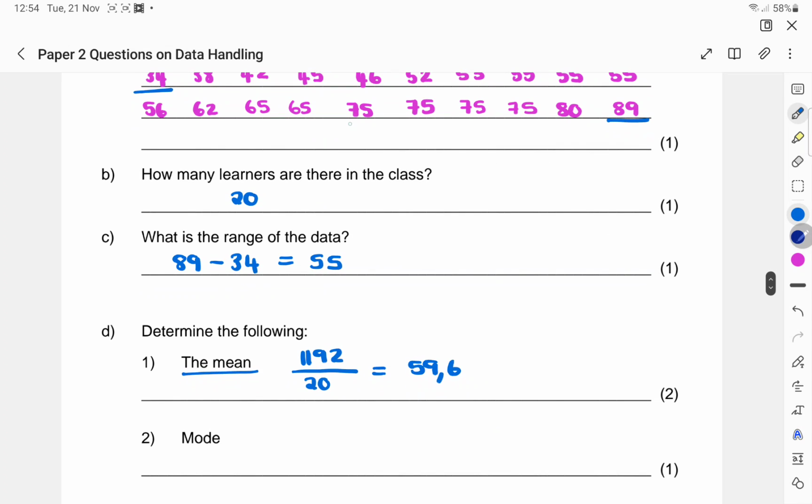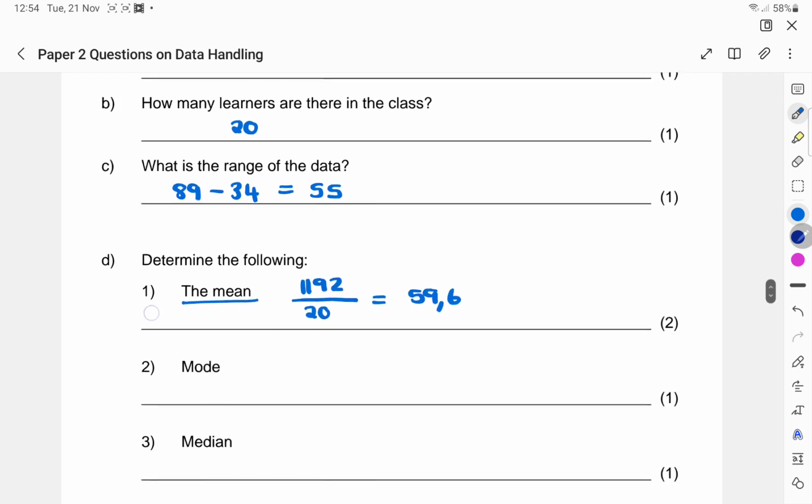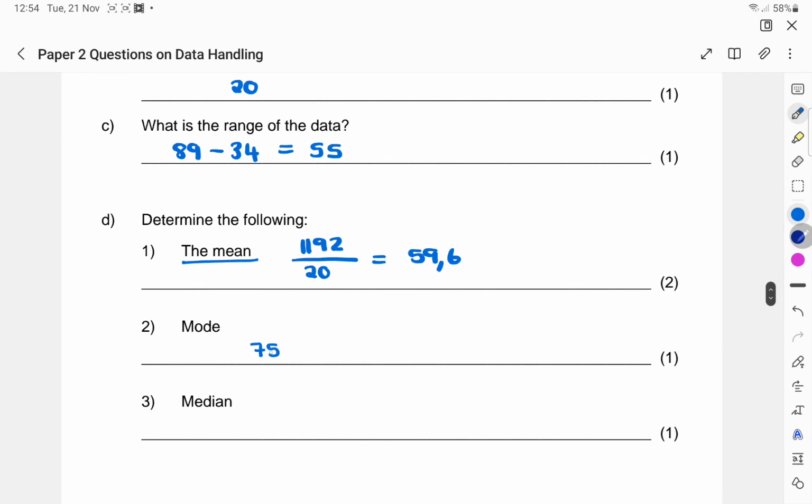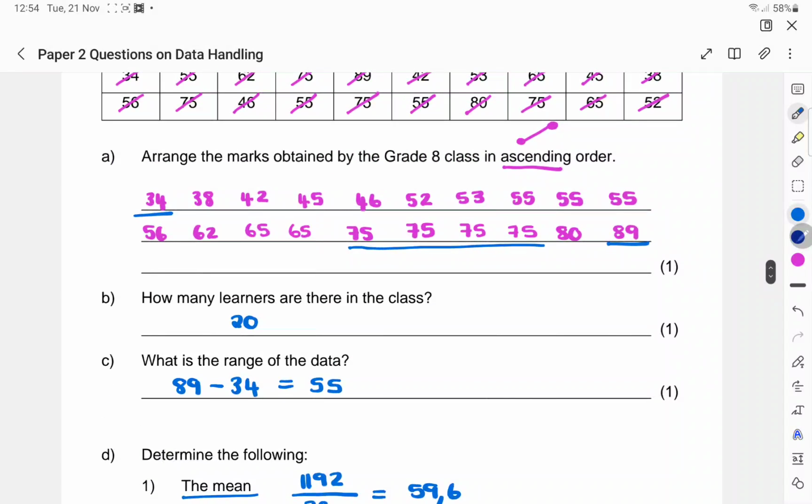The mode, the one that came forth the most, is this 47. Nobody came forth more than 4 times. And the median is the one in the middle. Okay, so I'm going to highlight the 2 in the middle so that you can see, is there an equal amount on each side? So there's 1, 2, 3, 4, 5, 6, 7, 8, 9. Yes, 1, 2, 3, 4, 5, 6, 7, 8, 9.